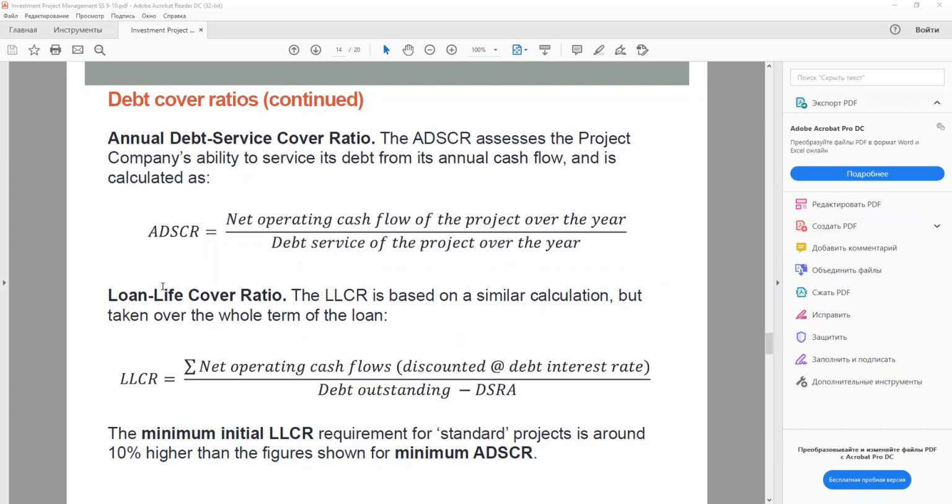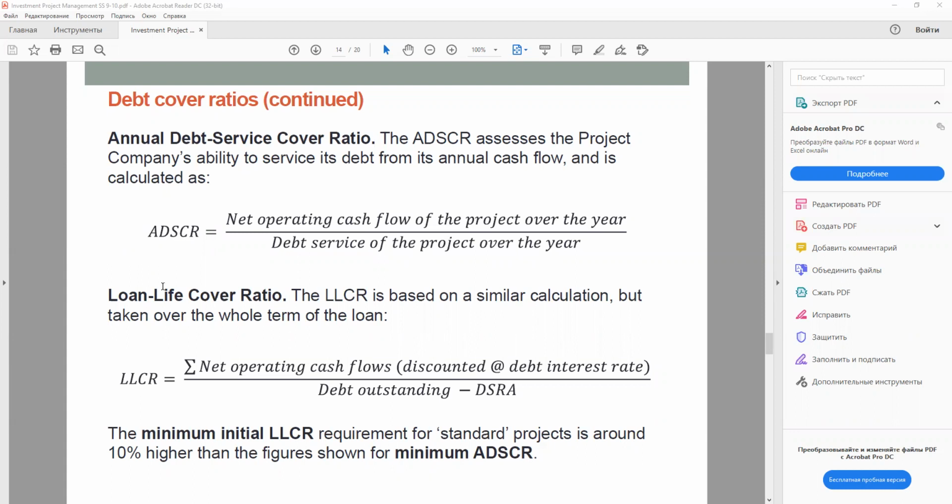Thus, if operating cash flow for the year is 120, interest payments are 55, and loan repayments are 45, the ADSCR would be 1.2. So simply divide 120 by the sum of 55 and 45. The ADSCR is usually calculated semi-annually on a rolling annual basis.